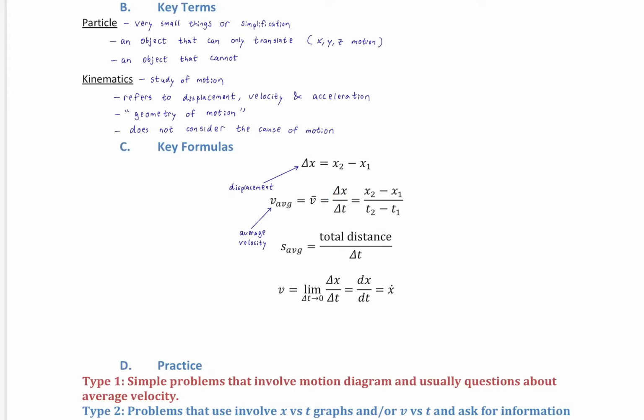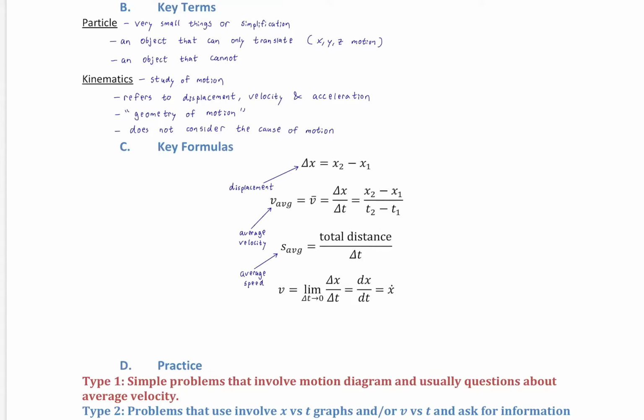Delta is a Greek letter that denotes change, okay? And this is the uppercase delta if you're typing it out. So in other words, it's just x2 minus x1 in the numerator and t2 minus t1 in the denominator. So that means that the units of average velocity must be meters per second. So that's average velocity.